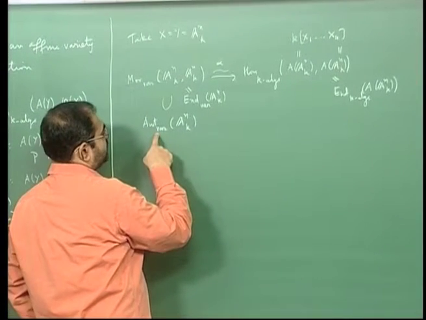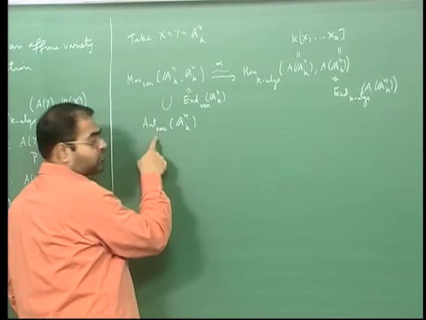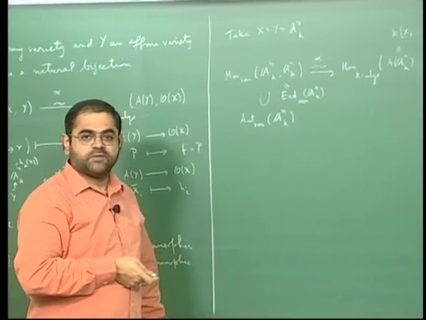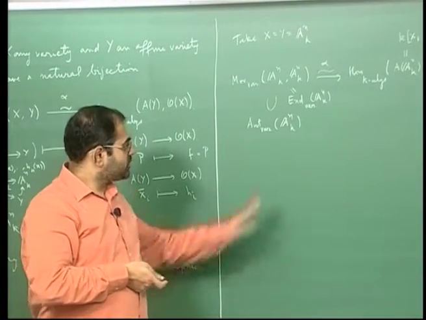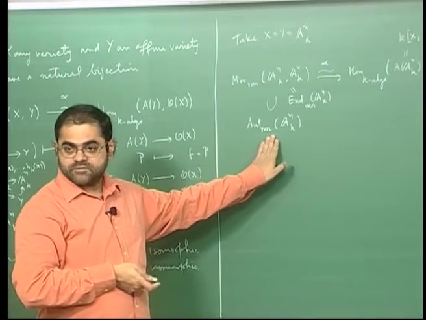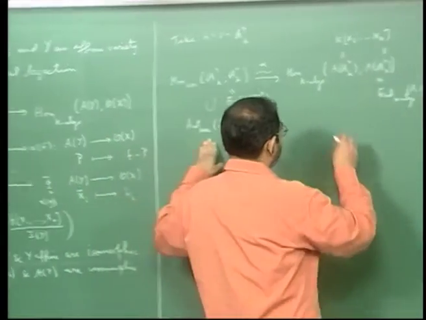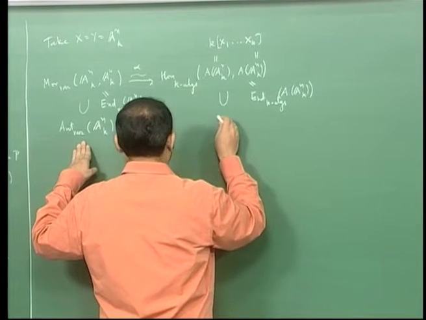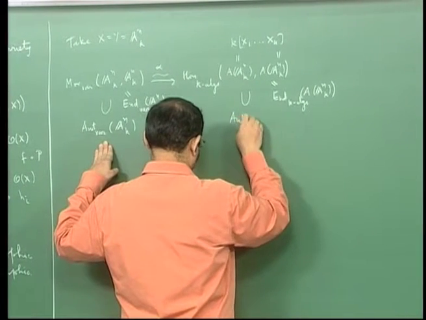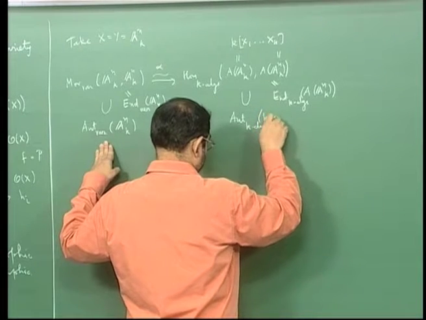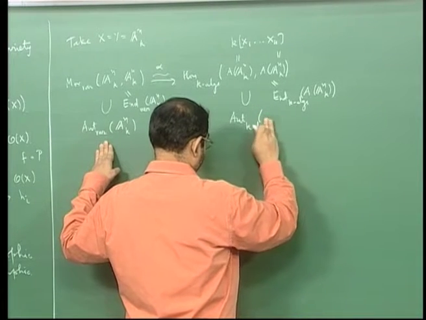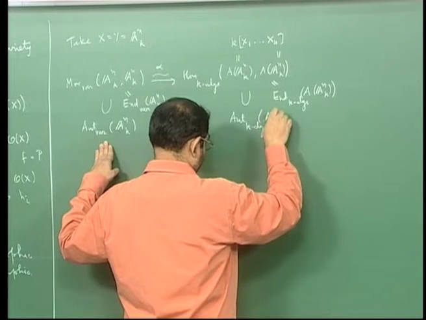So if you look at the automorphisms, if you look at it carefully, this is a group, because the composition of two morphisms is again a morphism, therefore the composition of two automorphisms is again an automorphism. So this is a group, and on the other hand you also have a group here, the automorphisms as k algebras of k[x1,...,xn], let me write as A of an.